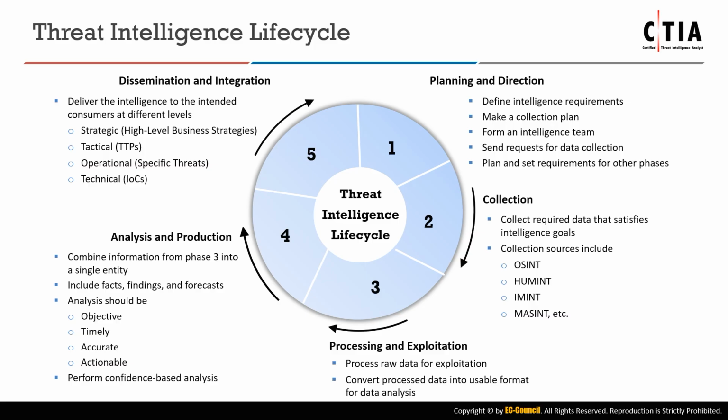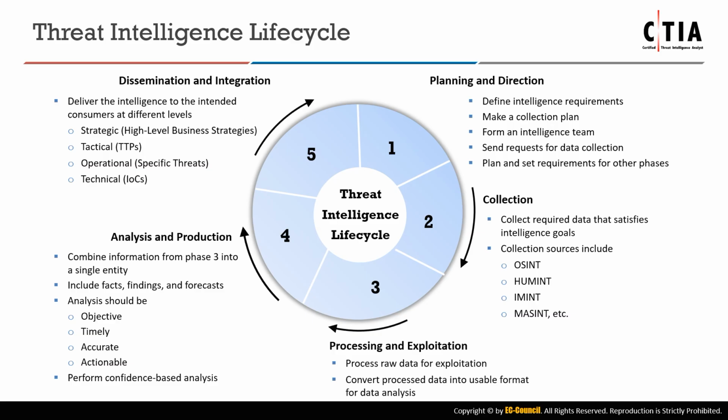Send requests for data collection. So we want to find out what type of data we want, and then we send requests to have that data collected. Plan and set requirements for the other phases that we're going to talk about. So planning, having the direction set, is number 1 and extremely important. And then before we go forward, we are going to go into the collection phase, which we'll talk about a little bit more in depth as we go through this section.